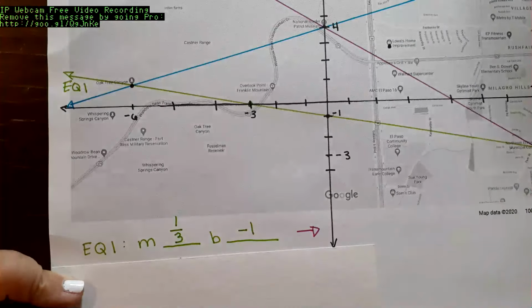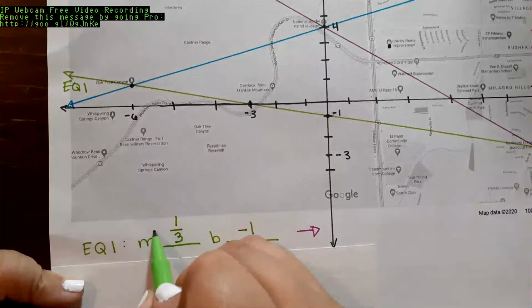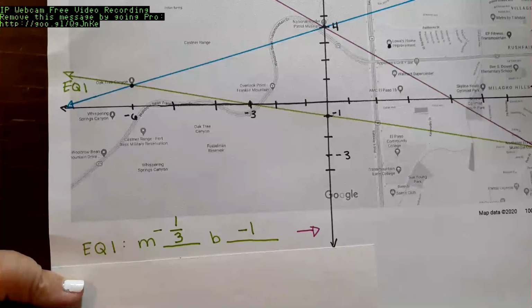So my slope is going to be 1/3. If you see this line, you ask yourself, is it positive or negative? Well, my slope is negative. So that's how you find the equation of your line.